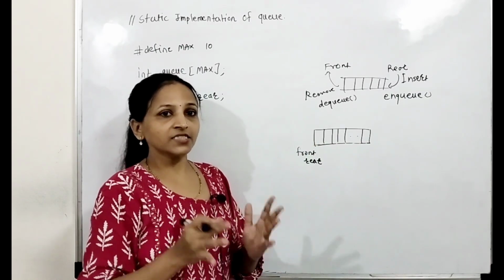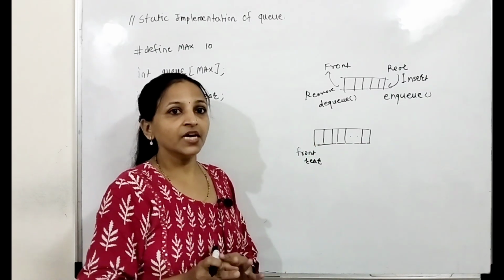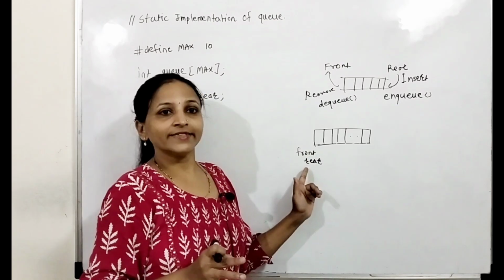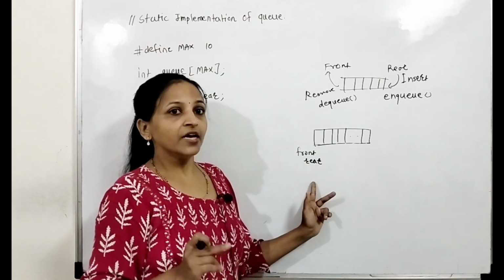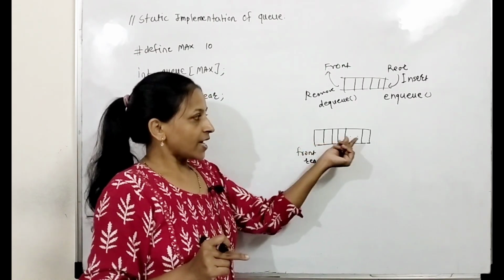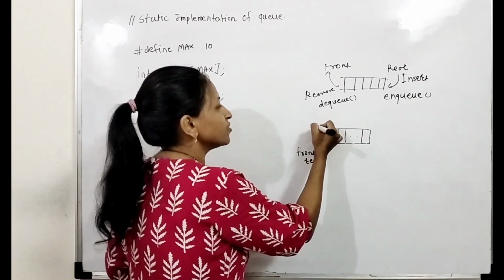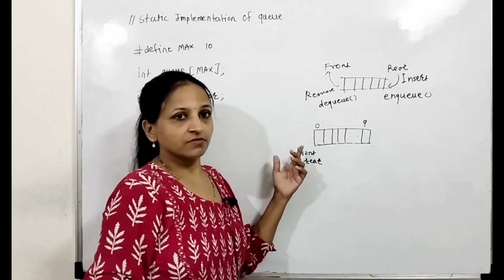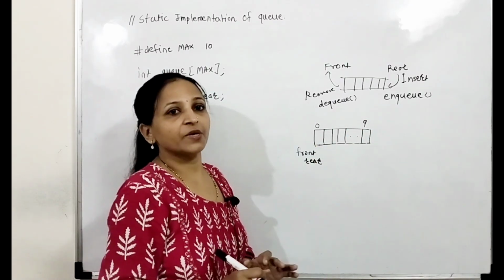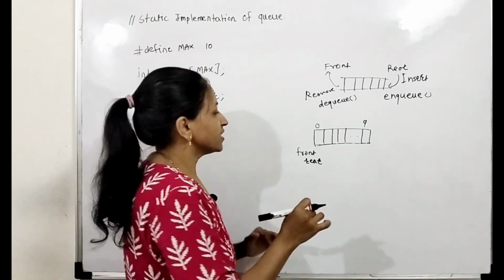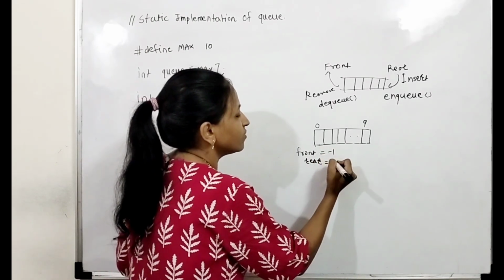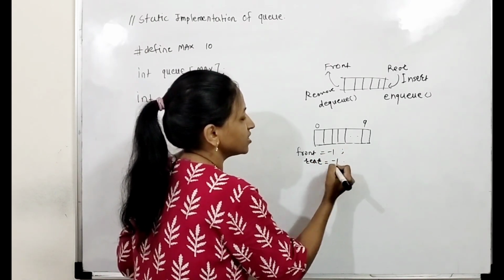Currently there is nothing inside the queue, means the queue is empty, so here we cannot take the initial value as 0. Why? Because this array index will start with 0 and end with 9. Always keep in mind, we have to initialize it with -1, means front and rear both should be -1 initially.